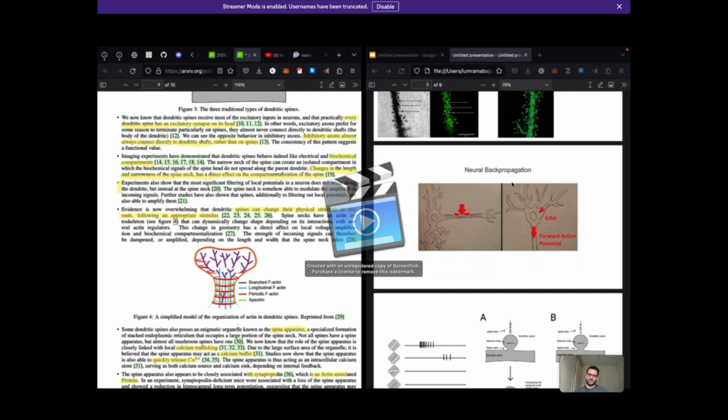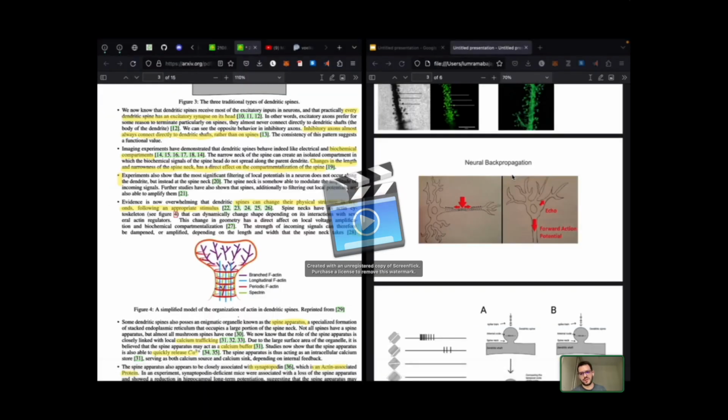When I talk about neural backpropagation, I'm not really referring to backpropagation as we know the term in deep learning. Backpropagation, like in deep learning, certainly does not occur in biological systems.